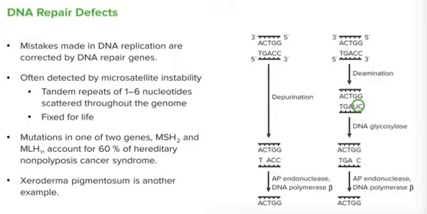Mistakes made in DNA replication are corrected by DNA repair genes, usually detected by what's known as microsatellite instability. What is microsatellite instability, and why do you want to know this?